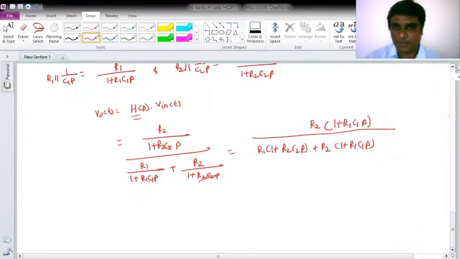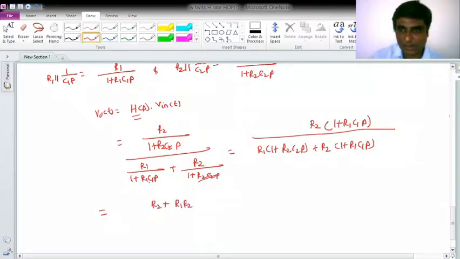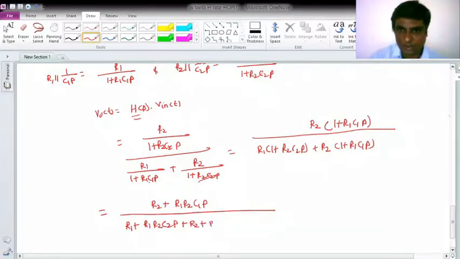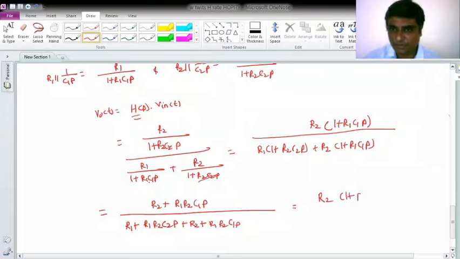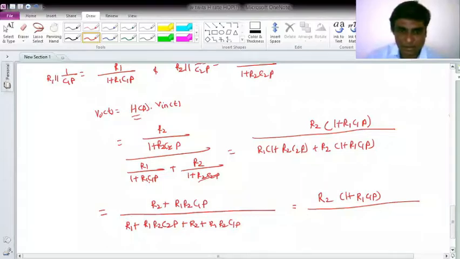Okay, this is correct. So let me expand it. It will be R2 plus R1 R2 C1p. Okay, it is R1 plus R1 R2 C2p plus R2 plus R1 R2 C1p, and this also I can write as R2 times 1 plus R1 C1p, and this is p.